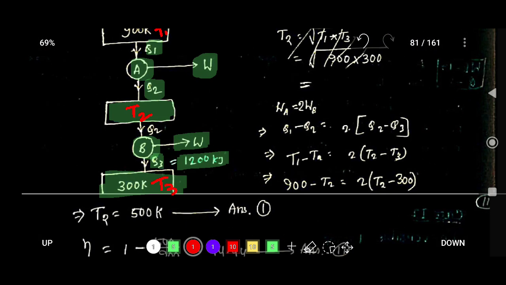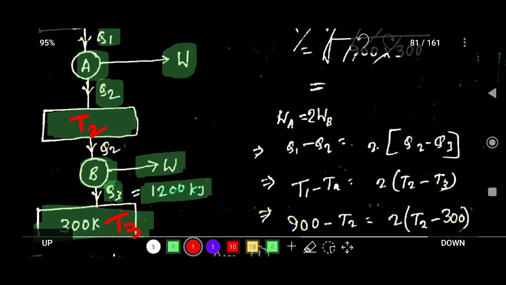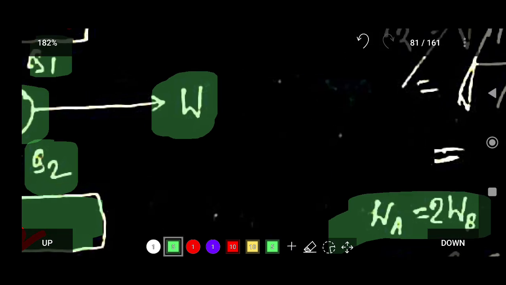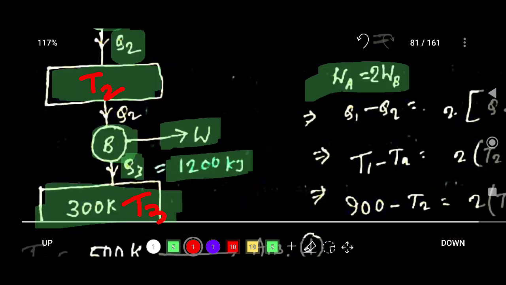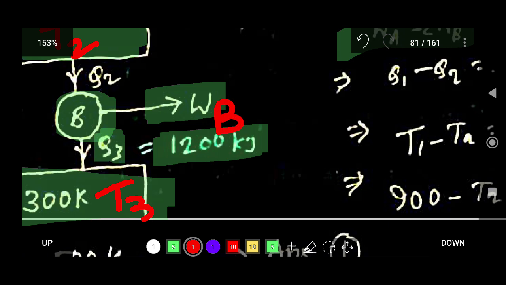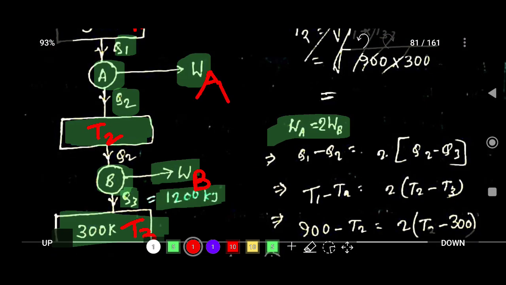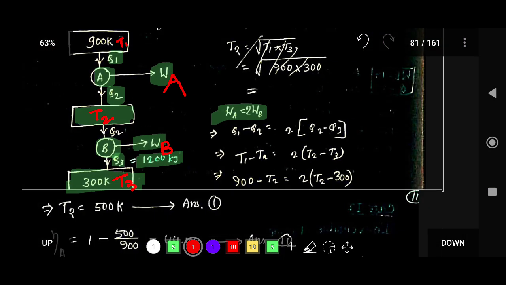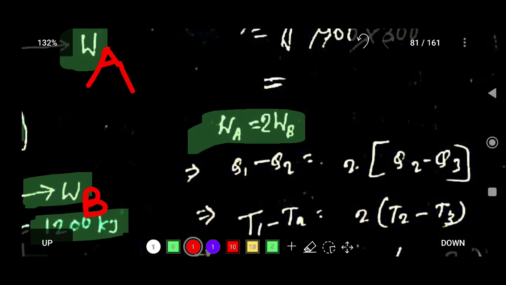Now another condition which is given is that engine A work done is equal to 2 times engine B work done. So consider this is WA and this is WB. Here this is A and this is B. So in the question it is given that WA is equal to 2 times WB.